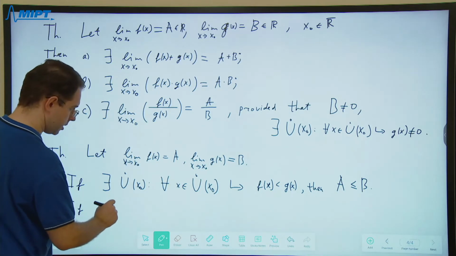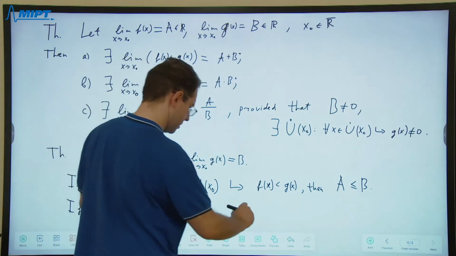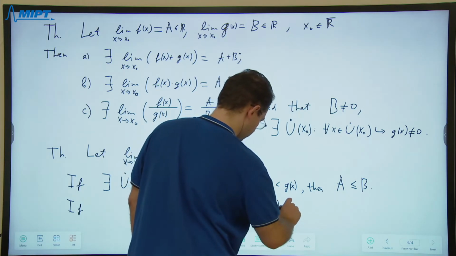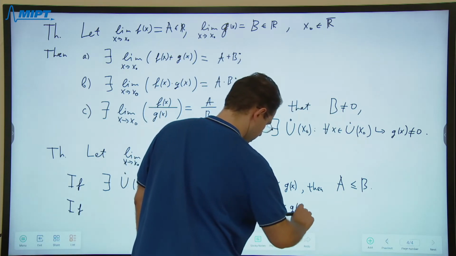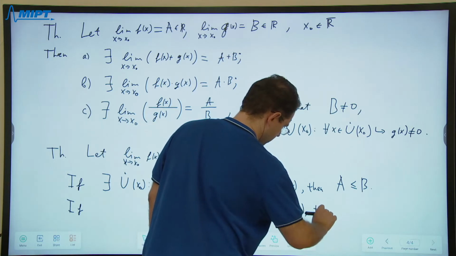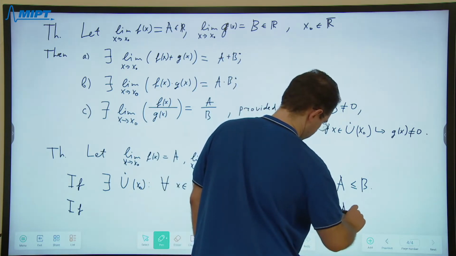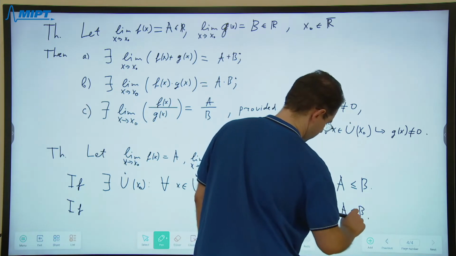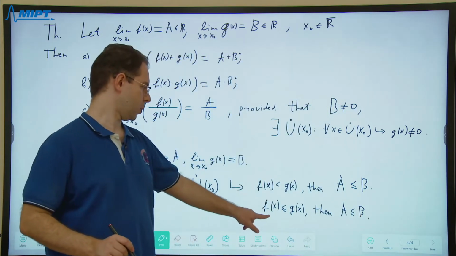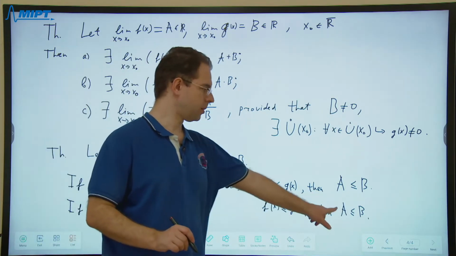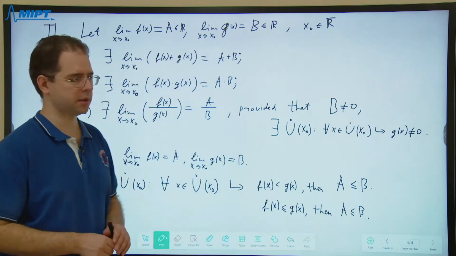And if f of x is less or equal to g of x, then also a is less or equal than b. I remind you, whether this is a strict inequality or not, the limits have not strict inequality.